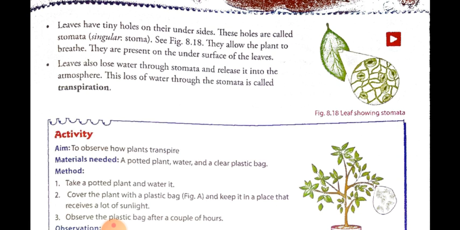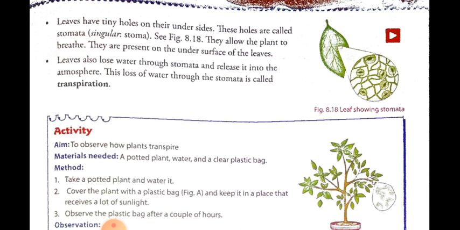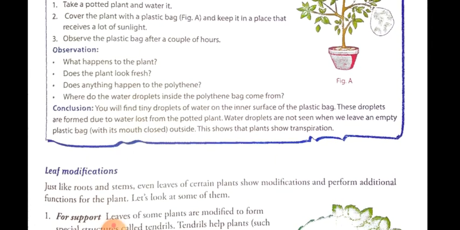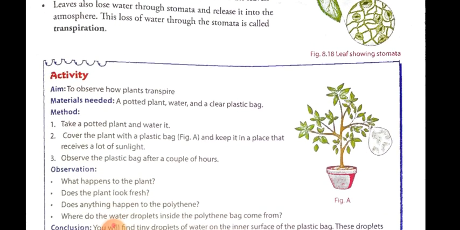The process through which leaves lose water through stomata is called transpiration. So what is transpiration? Transpiration is a process in which the leaves lose water through stomata.